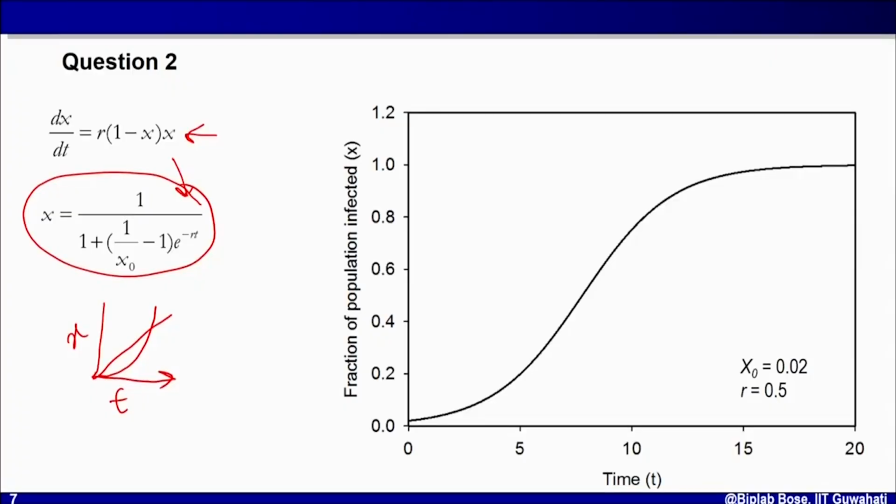So in the middle we have a sharp rise, and then ultimately it saturates at 1, that is 100%. That means by 20 days, most of the people in my population are infected. So the population dynamics of spread of this disease is not linear, it's a non-linear one with a sigmoidal, S-type behavior.